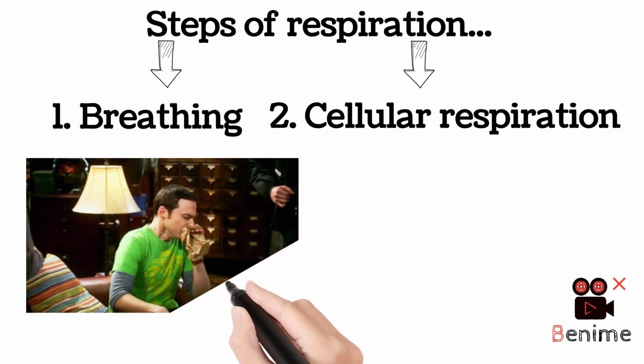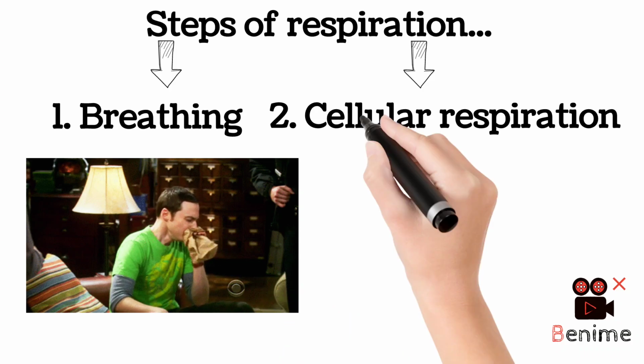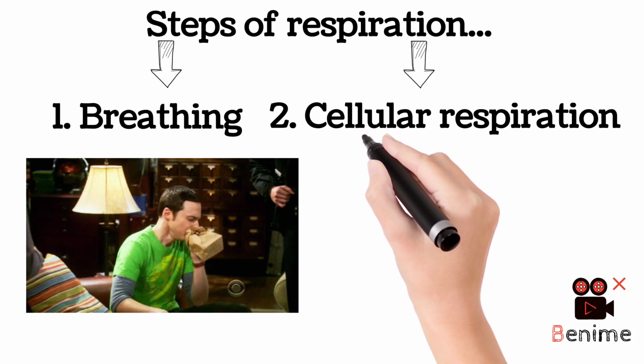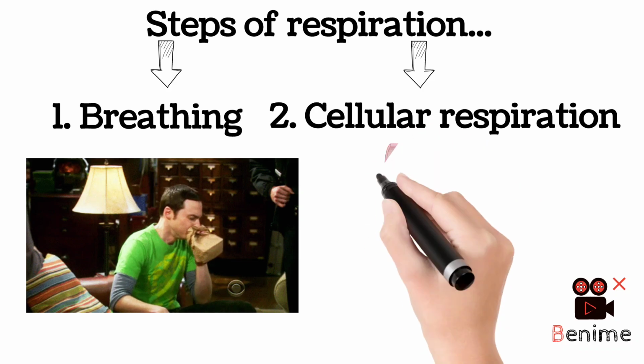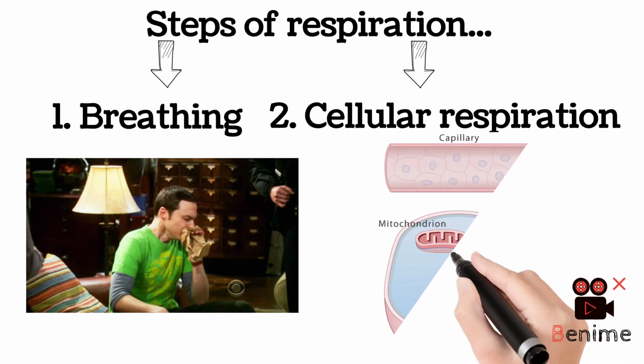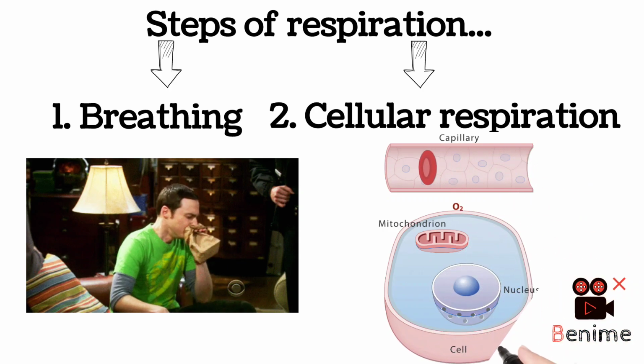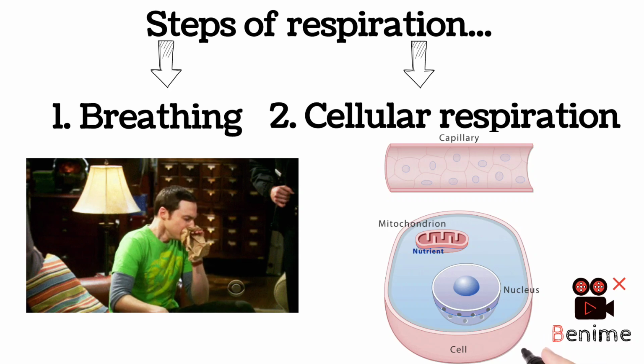The exchange of gases into blood also takes place with this. Second, cellular respiration, also known as internal respiration. This process includes the delivery of dissolved gases to each and every cell of body via red blood cells.